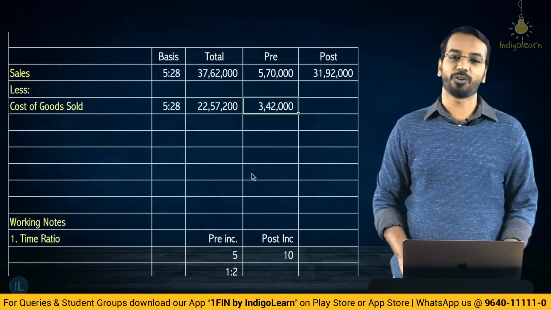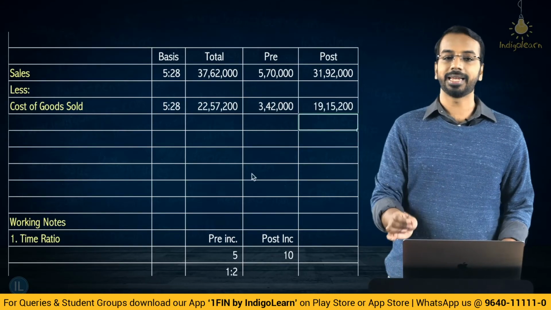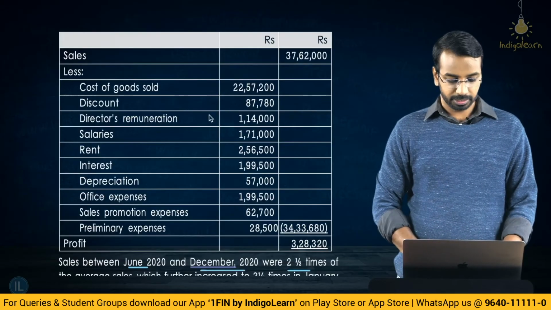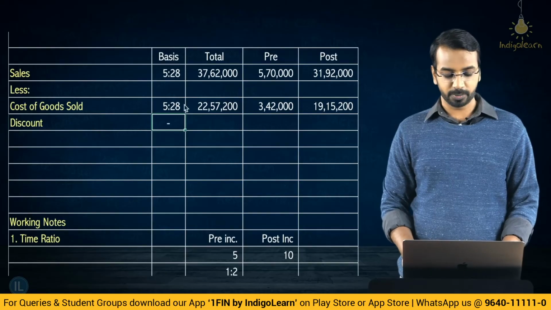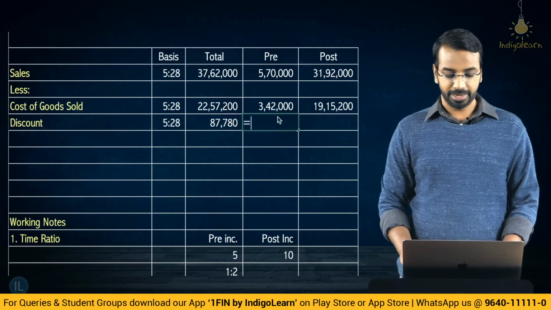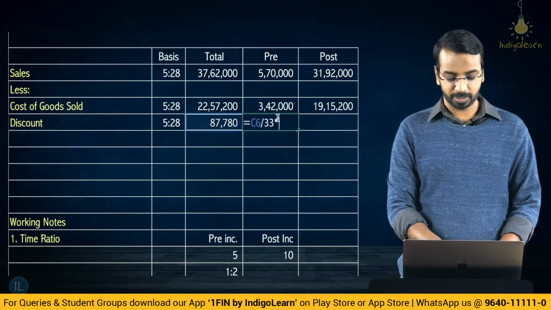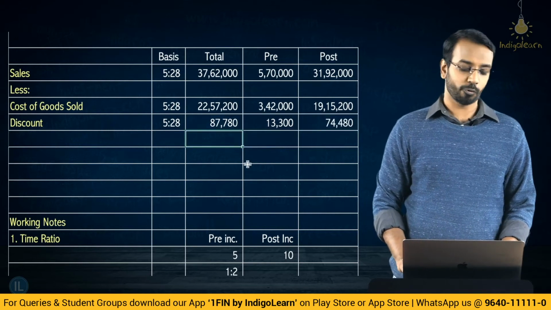You get 3,42,000, and here it will be 2257,200 minus 342, that is 19,15,200. Okay. Then you have discount. Now discount is on sales, so it has to be on the sales basis only, which is 5:28. Amount is 87,780. Again here 87,780 divided by 33 multiplied by 5, 13,300, and balance will be 74,480.